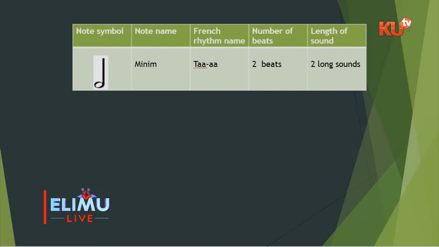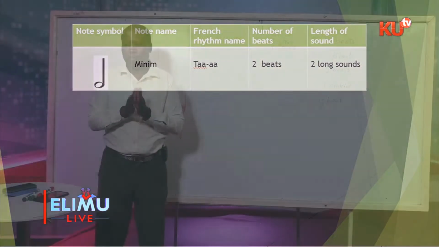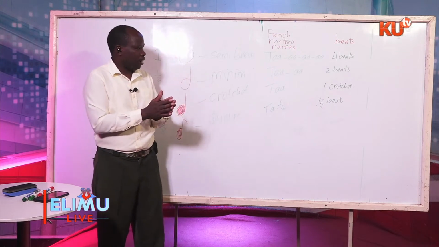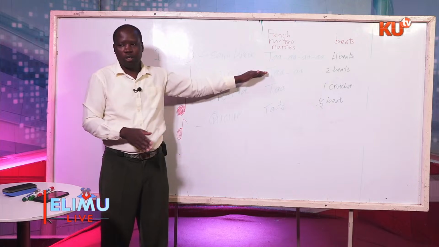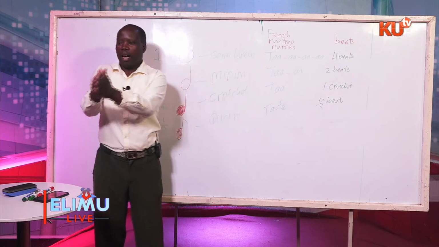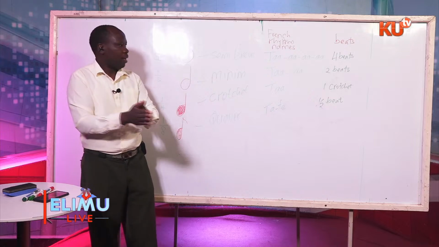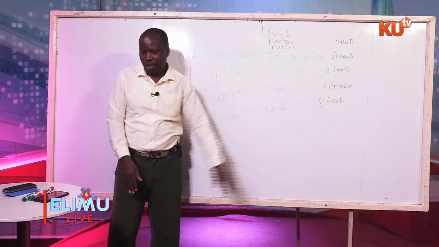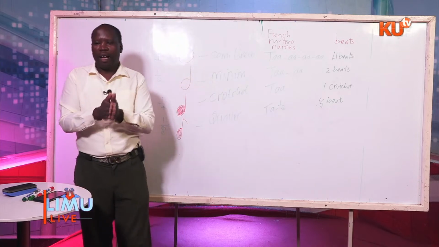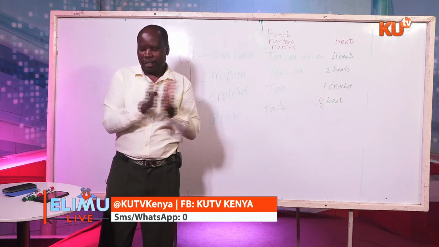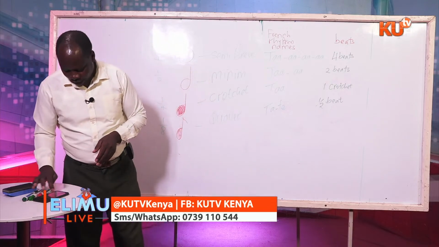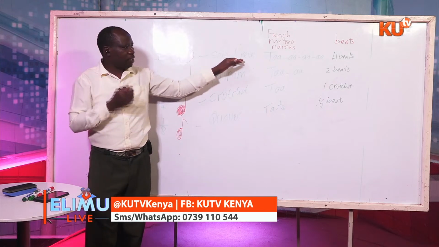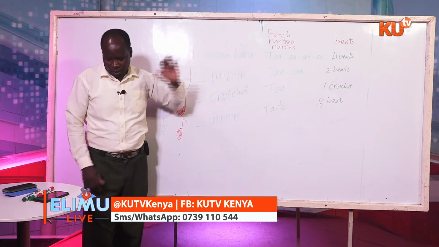If I can demonstrate, I can say tate, tate. 2 short sounds. Then the minim is 2 long sounds, ta, a, ta, a. Then for our semibreve, it is 4 long sounds. Ta, a, a, a. So those are our beats for the music notes that we use.